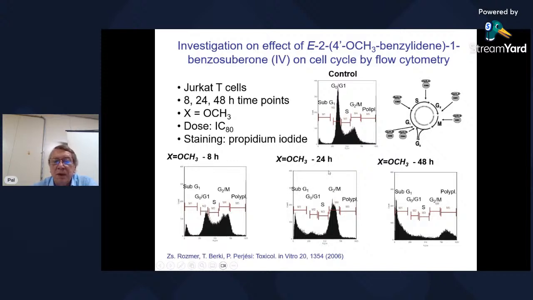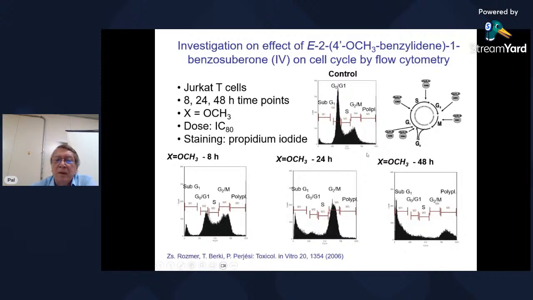What we observed is that at the 24-hour samples, most of the cells could be found in the G2M phase, which is a similar characteristic to those flavonoids shown before.